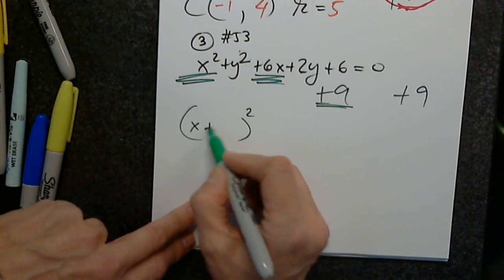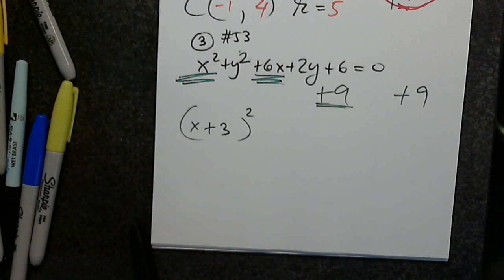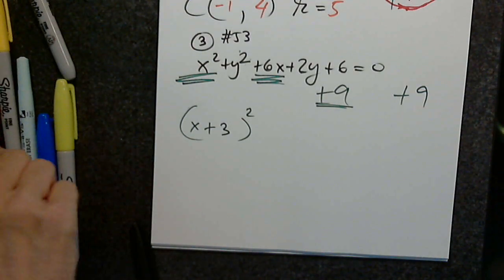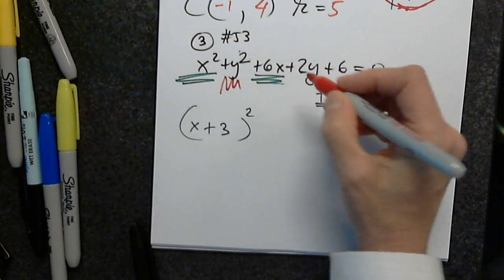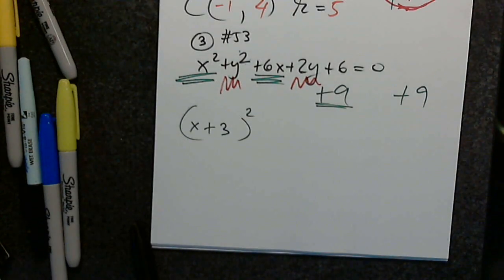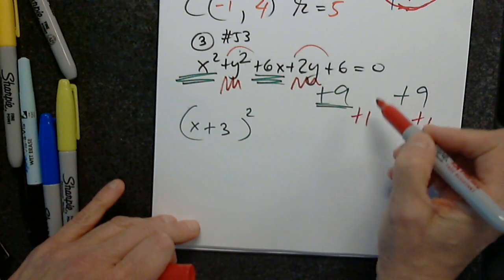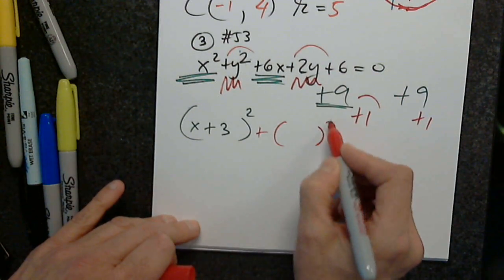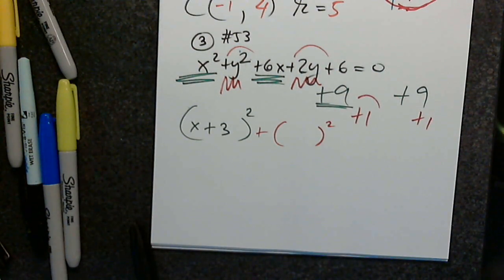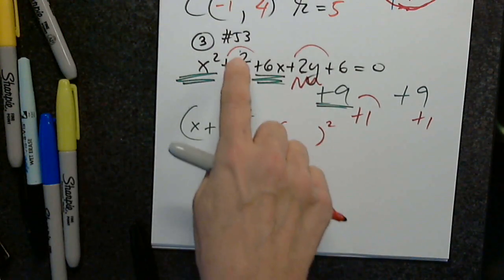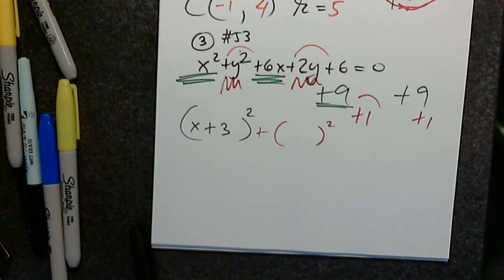Plus 9. Very good. Now the other one. This one. Middle coefficient, divided by 2, square it. Very good. So now this, this, and this are right here. This binomial squared is 1, 2, 3 terms.